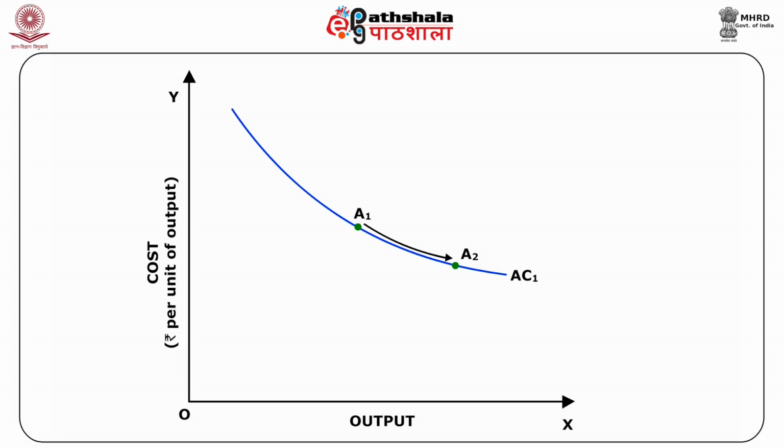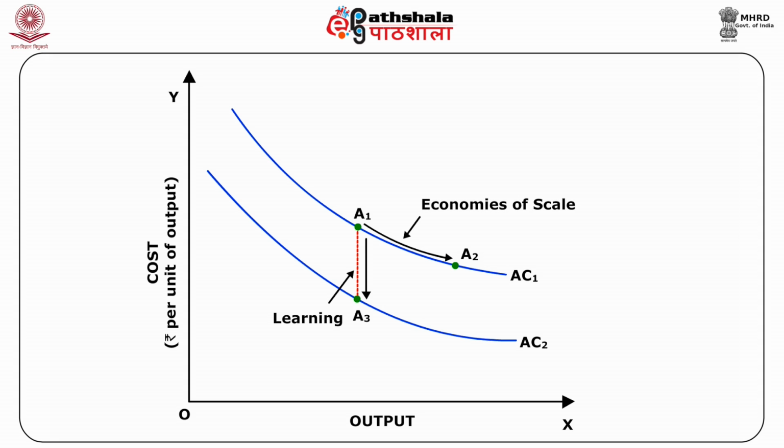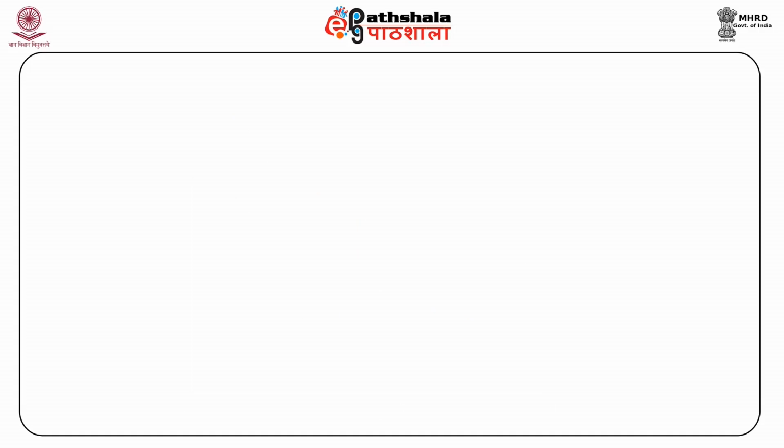The movement from A1 to A2 is due to increasing returns to scale. However, when the firm moves from A1 on AC1 to A3 on AC2, there is reduction in cost on account of learning. Hence, the figure shows that a firm's average cost of production declines over time and there are economies of scale in production.